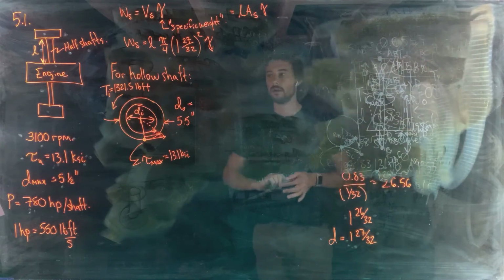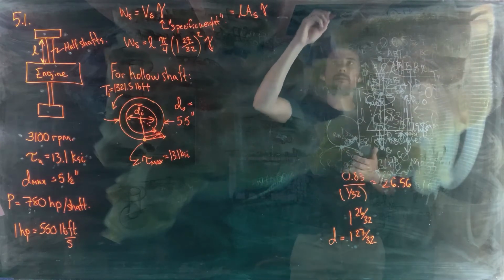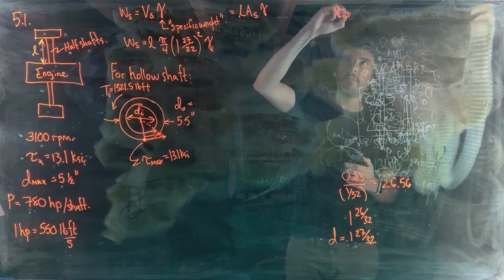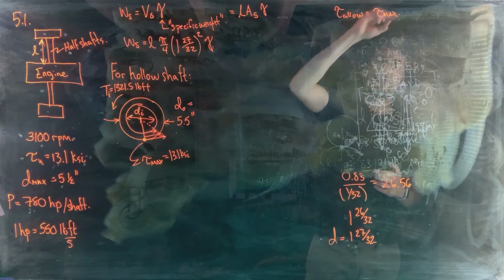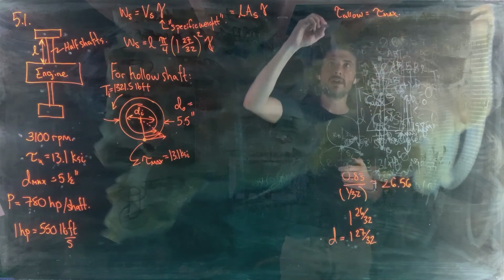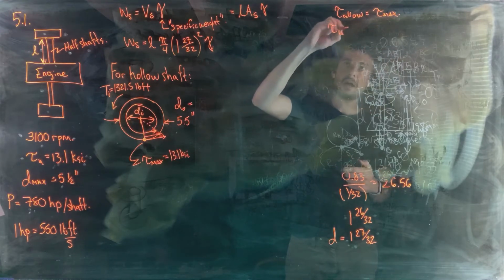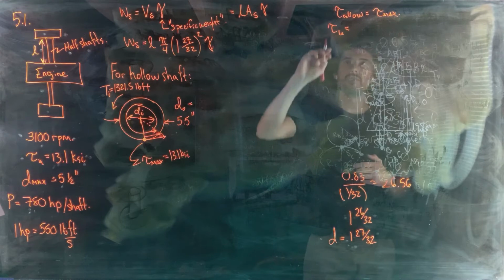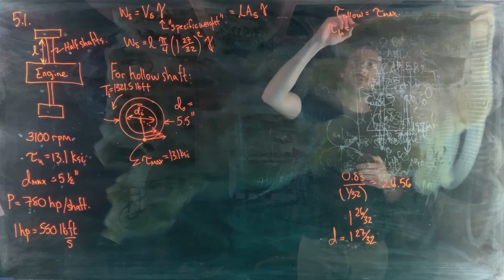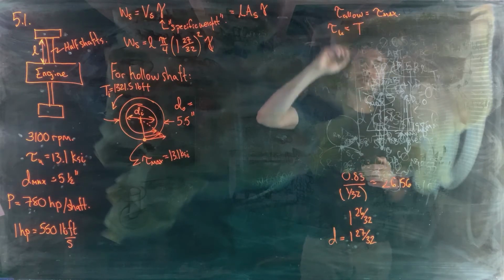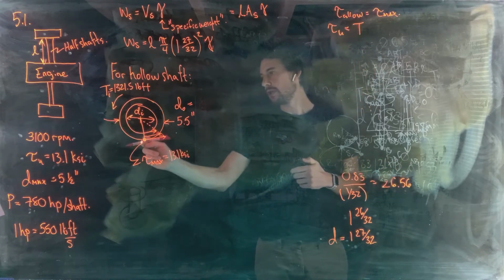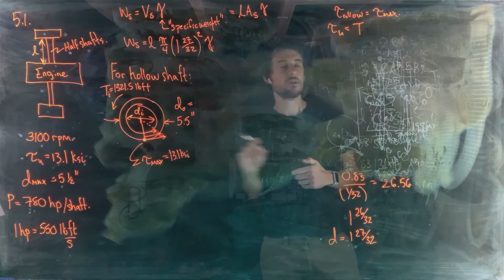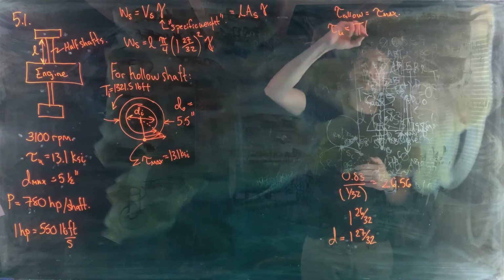Okay. All right, so we're going to do the same thing. We're going to set the allowable stress equal to the maximum shear stress in the solid shaft. Again, we've got tau subscript u, the ultimate shear strength, being equal to, in this case, T rho over J, and the maximum value of rho here is the outer radius, or the outer diameter, divided by 2.